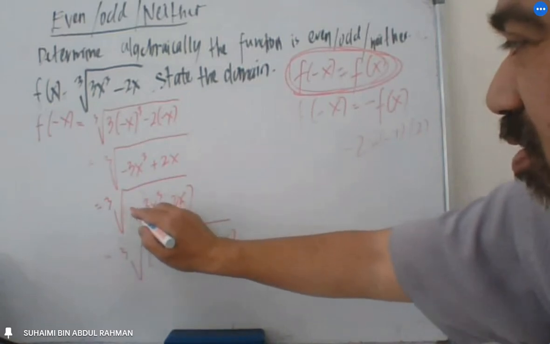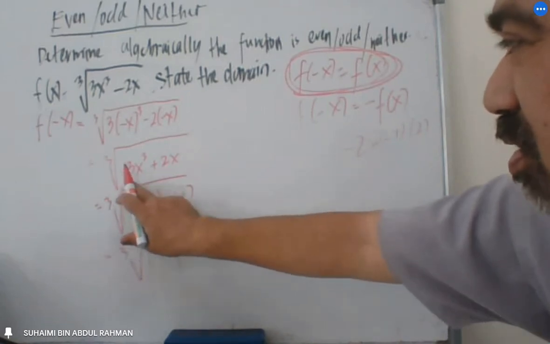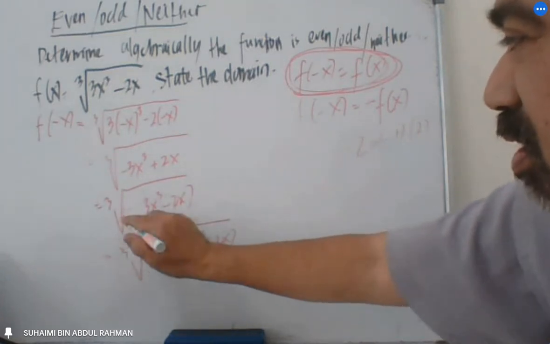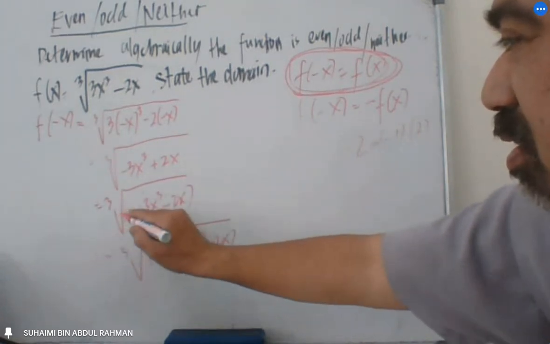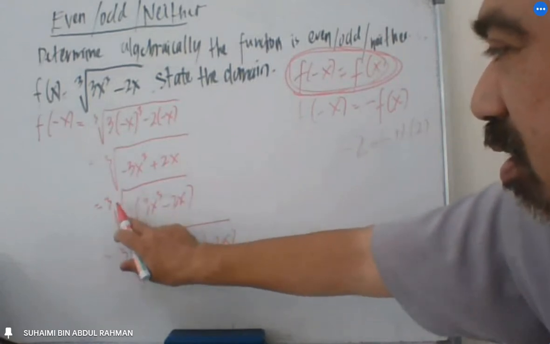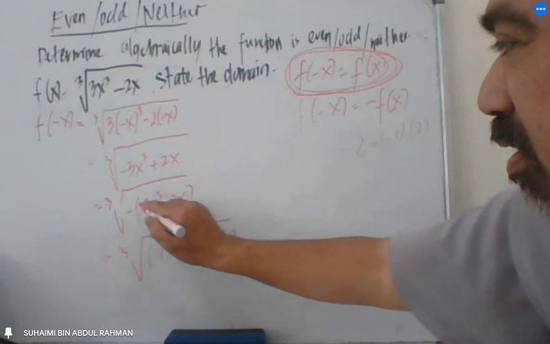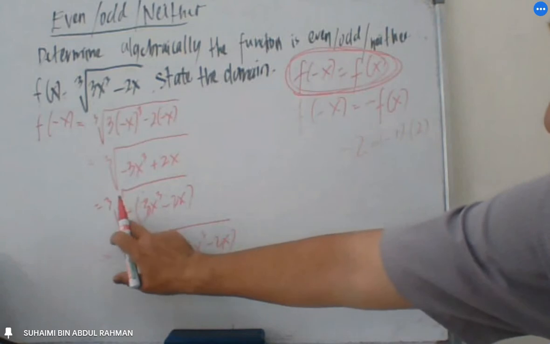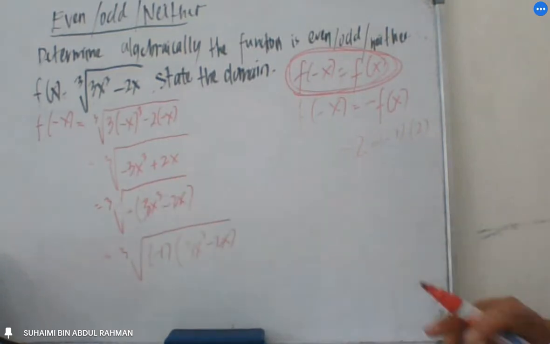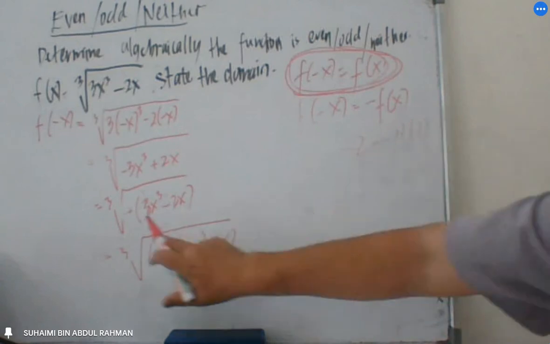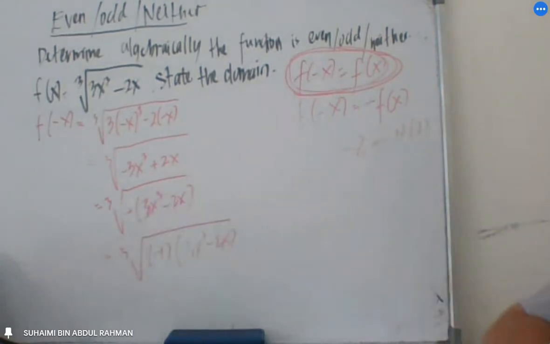Minus 3x to the power of 3 plus... here we have minus 1 in front, times this. Minus 1 times 2, minus 1 times this. You understand?